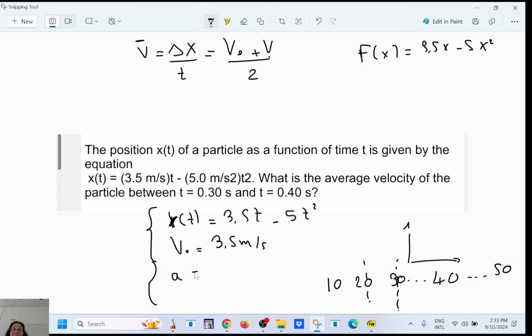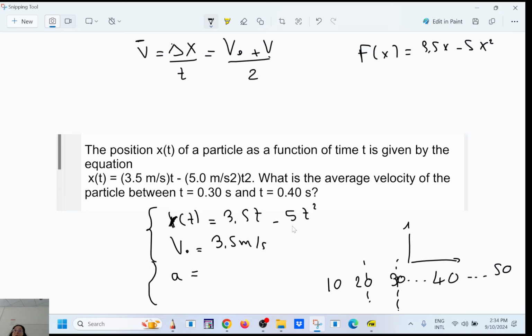What's going to be the acceleration? What is in front of the t squared?